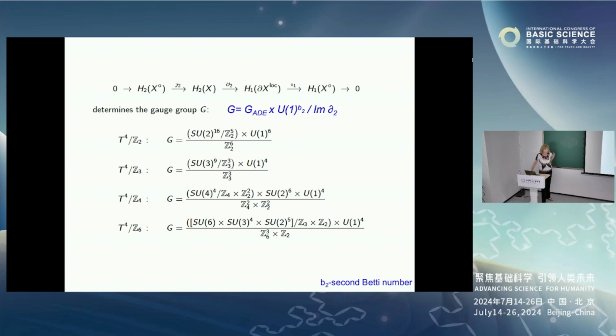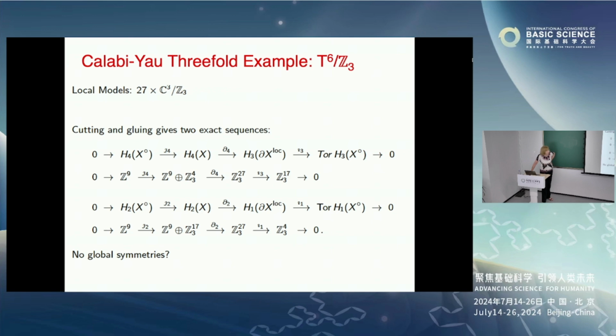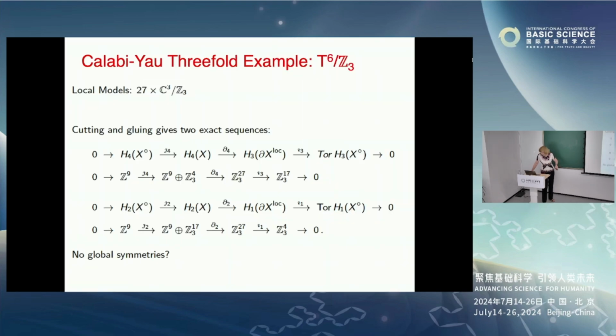We managed to handle that in some very specialized cases, for Z3 orbifolds. And there, the symmetry operators and the defect operators are not sitting in the same homology groups. So we are dealing with two separate spectral sequences, and we can trace what happens to these things from these two sets of spectral sequences.